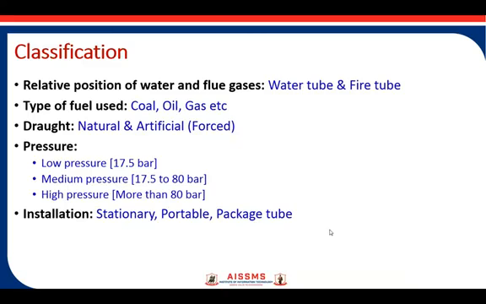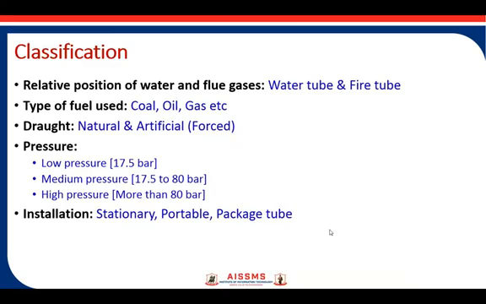The second type of classification is based on the fuel used in the fuel chamber: coal, oil or gas boilers. Then circulation inside the boiler for water or the flue gases, that is natural and artificial circulation.